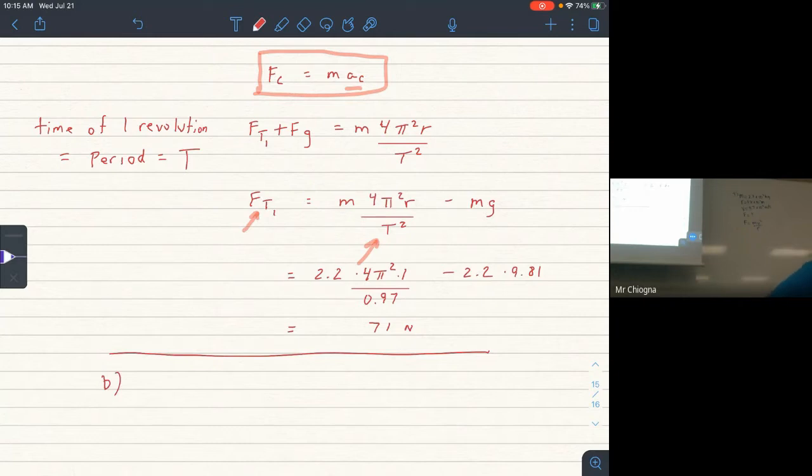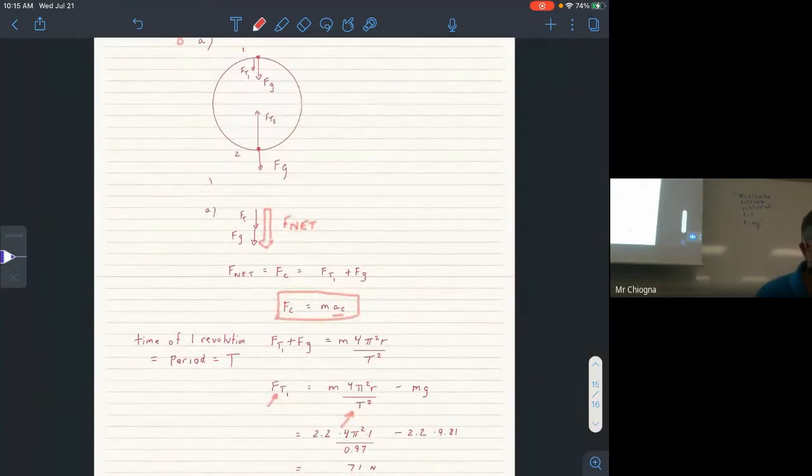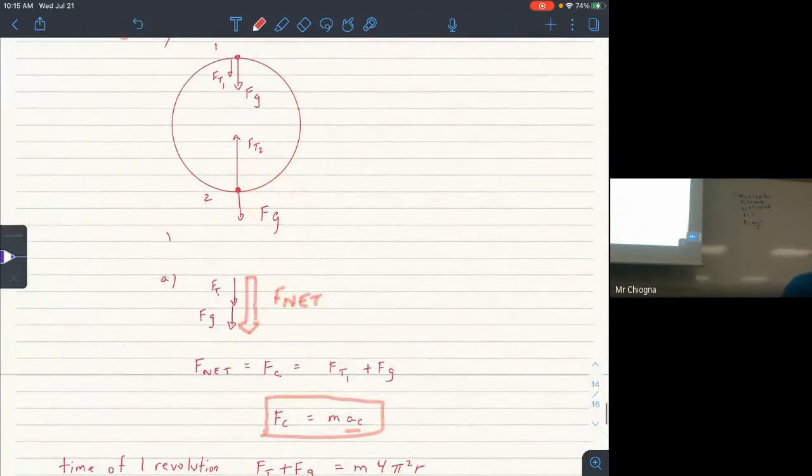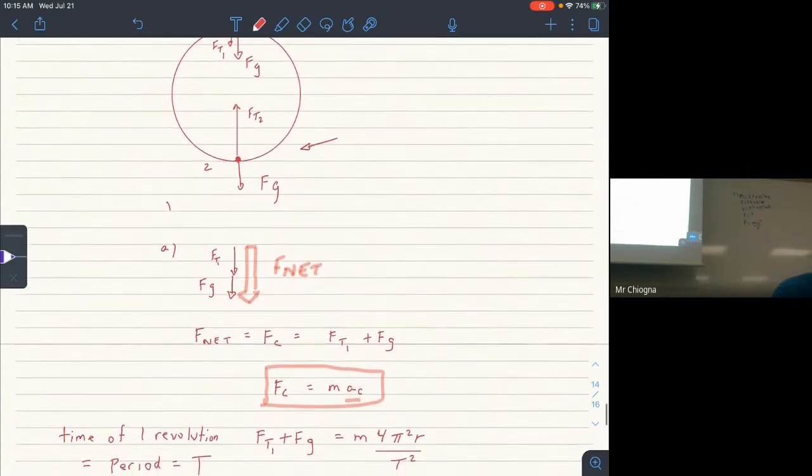Part B. What's the tension at the bottom? Okay, at the bottom, look at the diagram. The bottom is here. Okay, so I'll redraw the free body diagram. I'll scroll down.